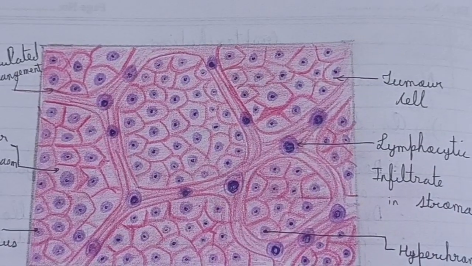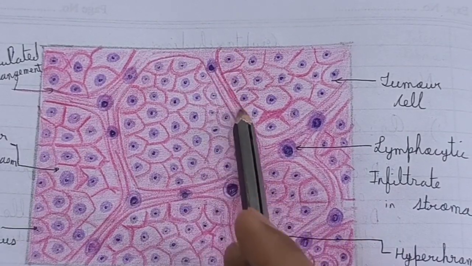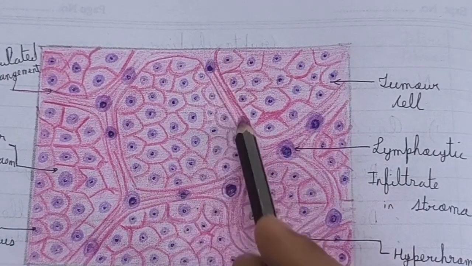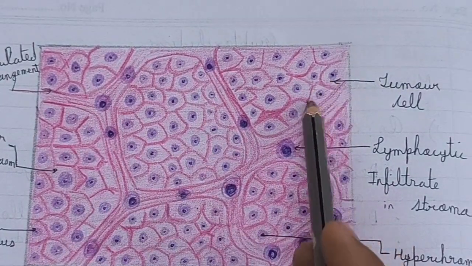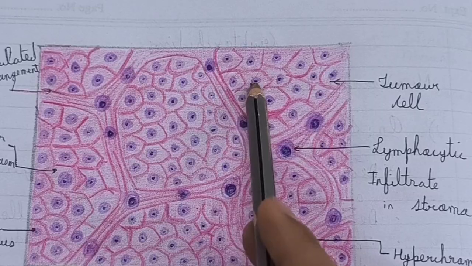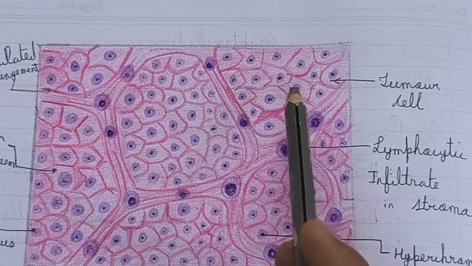So once again I am going to discuss. In seminoma, all tumor cells are arranged in a lobulated pattern. This is the first point. And see that all tumor cells are uniform to one another in terms of shape, size and appearance. Second point.